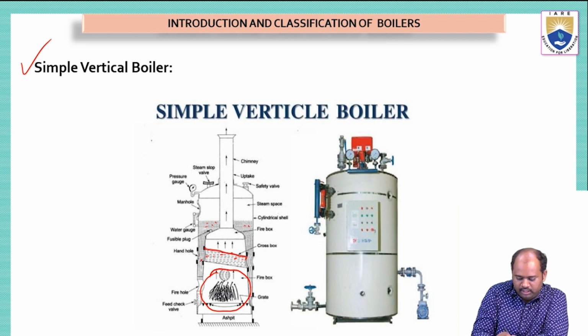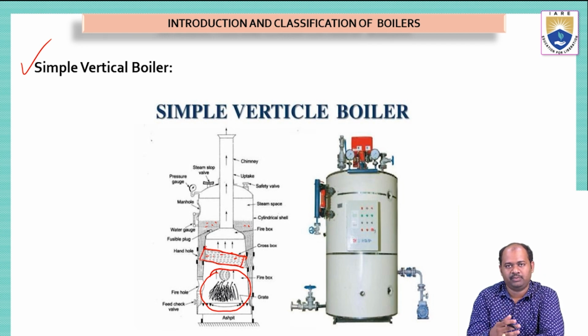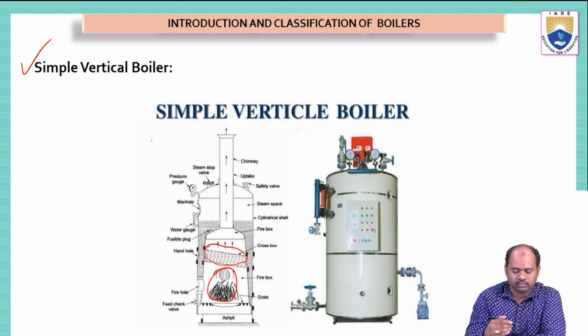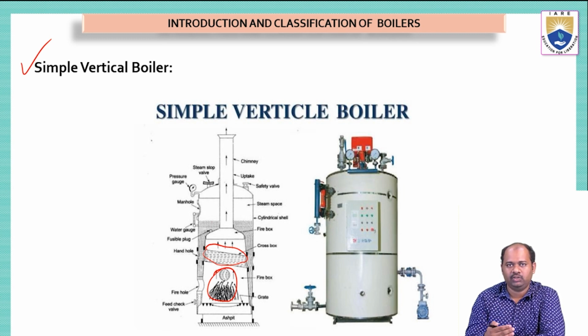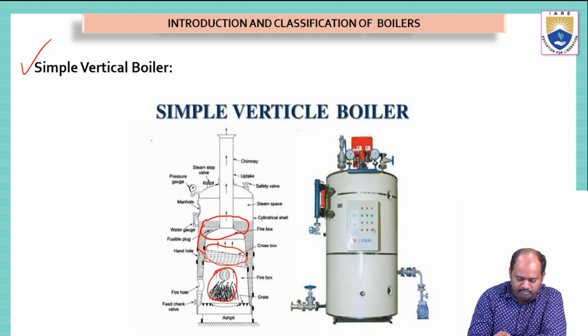We'll try to understand why this tube is kept inclined, why not vertical or horizontal. Whenever combustion of the coal takes place at the bottom, the heat will be supplied to this tube, and the water inside the tube will be heated and converted into steam. The steam will be collected at this point. We have a separate opening here. This is all steam.